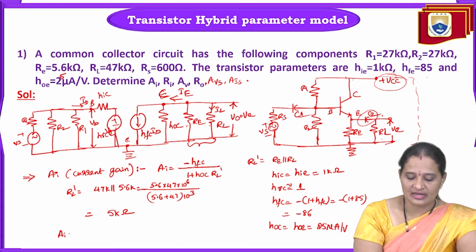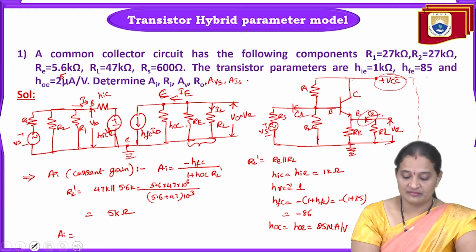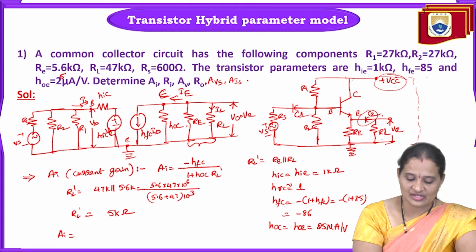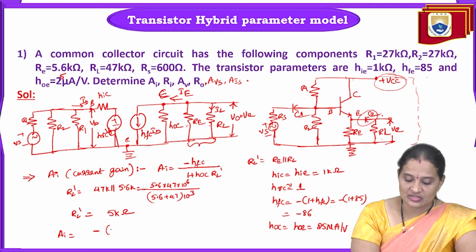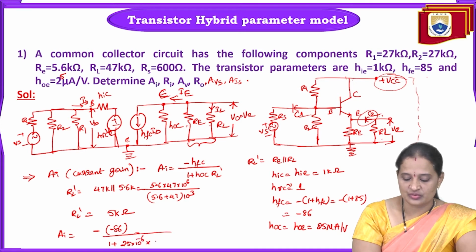Now I can calculate AI by substituting 5 kilo ohms, that is RL dash value. So AI is equals to minus HFC. What is the value of HFC? Minus of minus 86, because already in the formula we have a minus. Then 1 plus HOC. What is the value of HOC? 25 into 10 to the power of minus 6 into 5 into 10 to the power of 3.